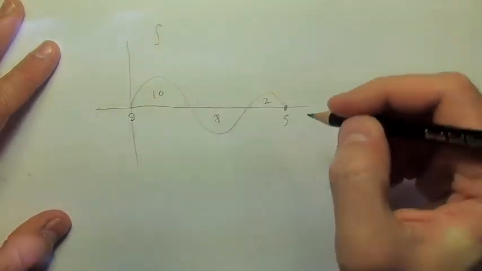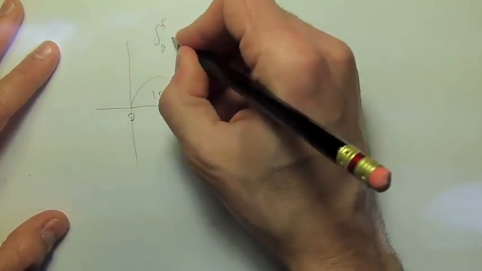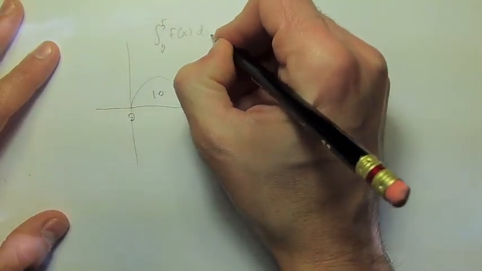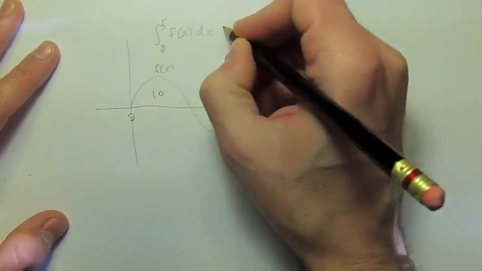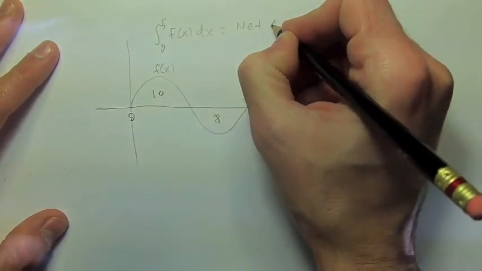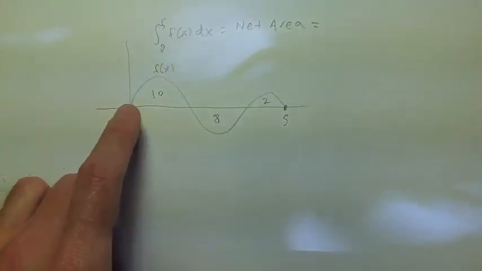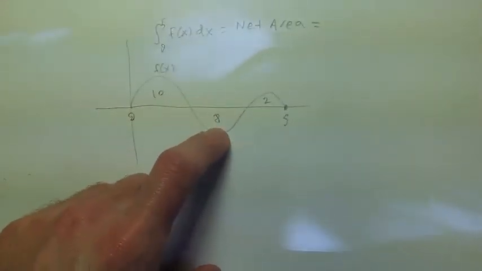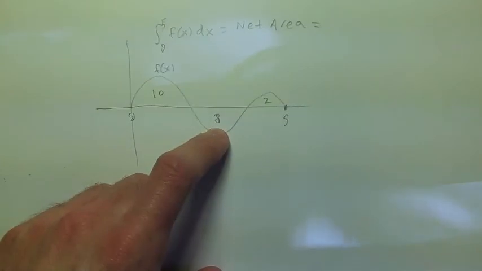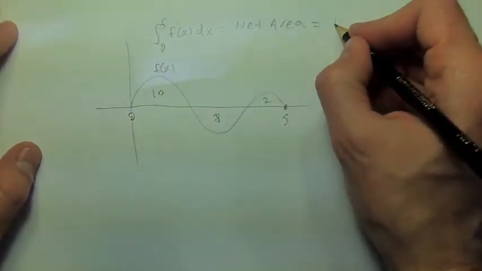So we know that the integral from 0 to 5 of f of x dx is the net area. I meant to mention this before the graph but forgot. So that's going to be 10 minus 8, which is 2, plus 2, which is 4.